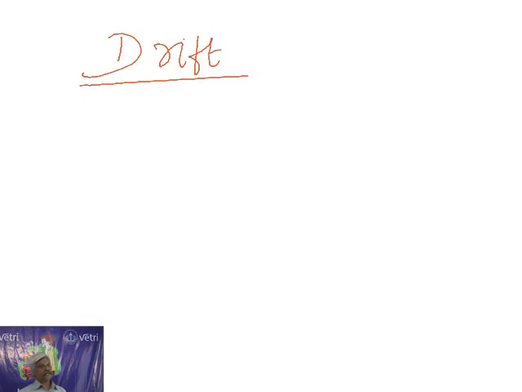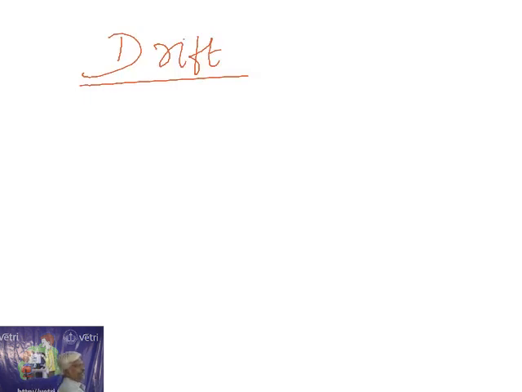This sudden increase in velocity is called drift velocity. The sudden increase in velocity lasts only as long as the external force is there. If you remove the external force, automatically the drift velocity also changes. So there is a sudden increase in velocity called drift velocity. So how can you find the answer for that? Very simple.